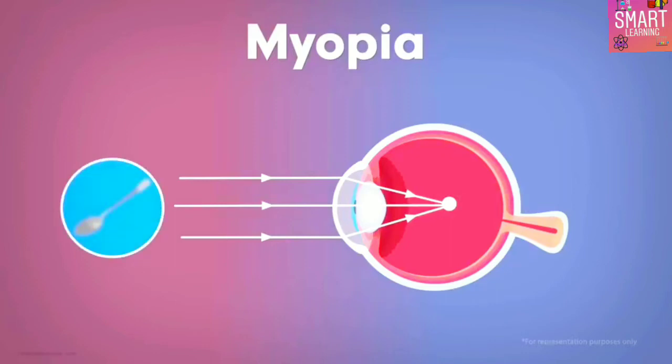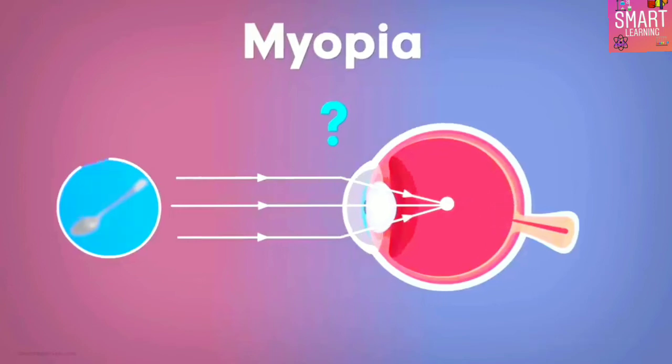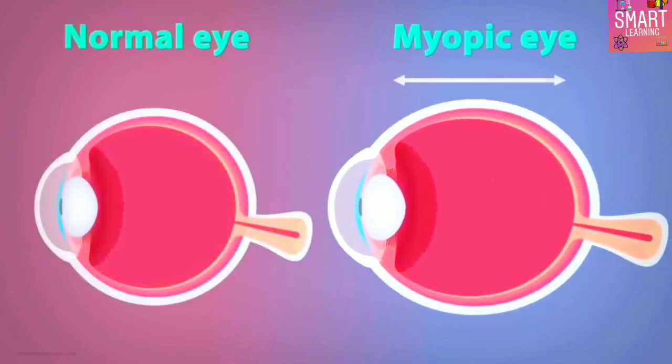But what caused the light to converge in front of the retina rather than on the retina? The larger size of the eyeball is one of the reasons which results in this eye defect. Due to the elongated eyeball, the distance between the lens and the retina is more than usual.